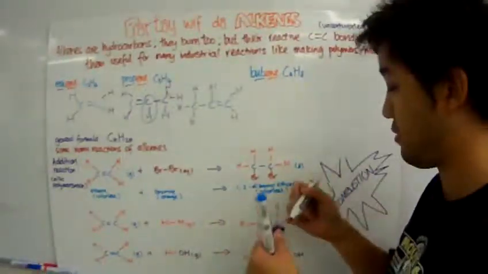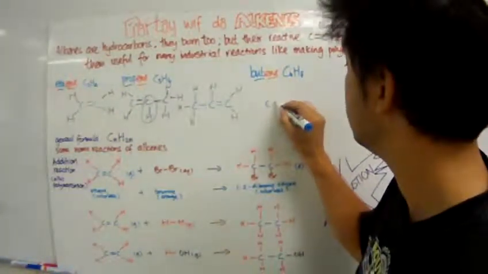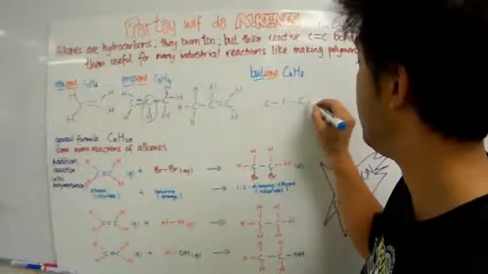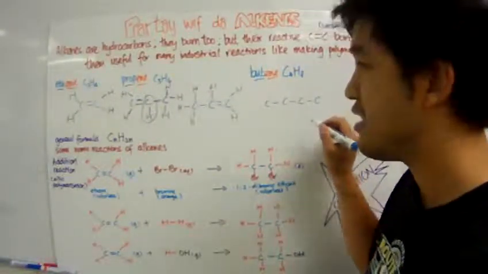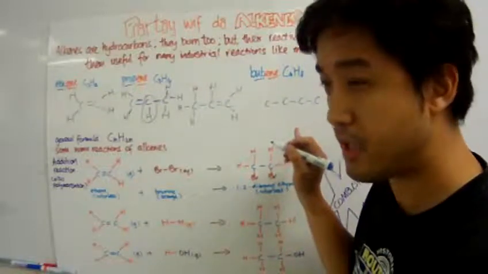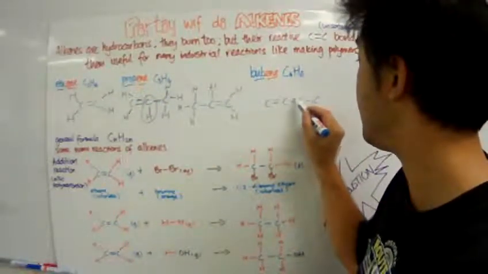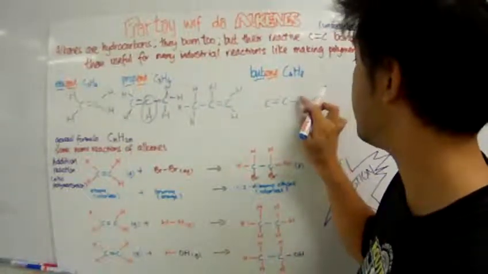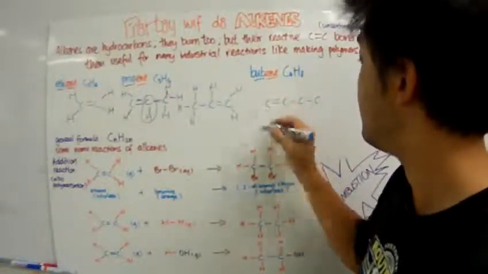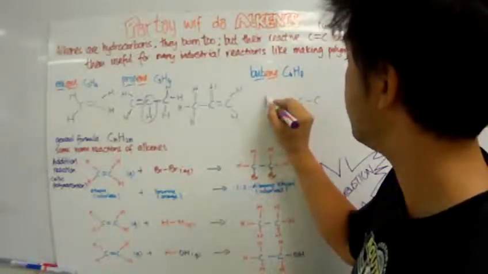Now for butene. Butene has 4 carbon atoms, right? Now you're going to ask me, Mr. Cole, where can we draw the double bonds? Well, you can draw here, here, or here. But I'm going to stick with this one, right? And I'm going to fill up with hydrogens.